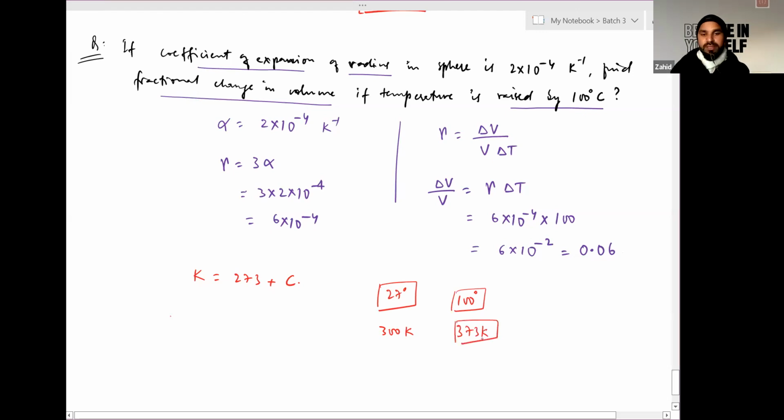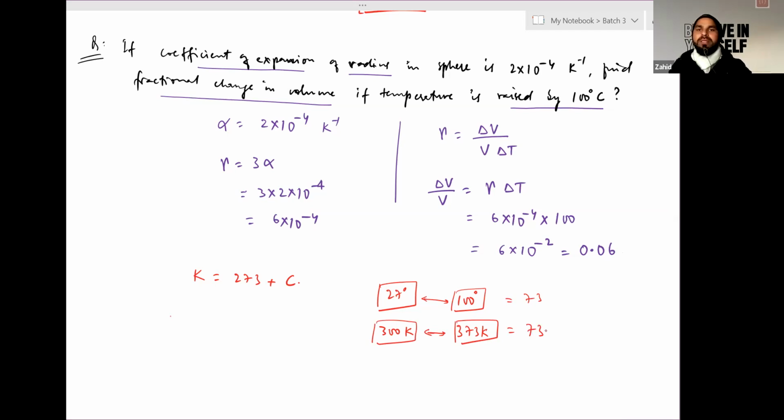Now, since we have to calculate the difference of these two quantities, if you subtract these two terms, you will get 73. And similarly, if you subtract these two terms, you will again get 73. It means the difference in temperature in both Kelvin and Celsius will remain the same. So we don't need to convert.